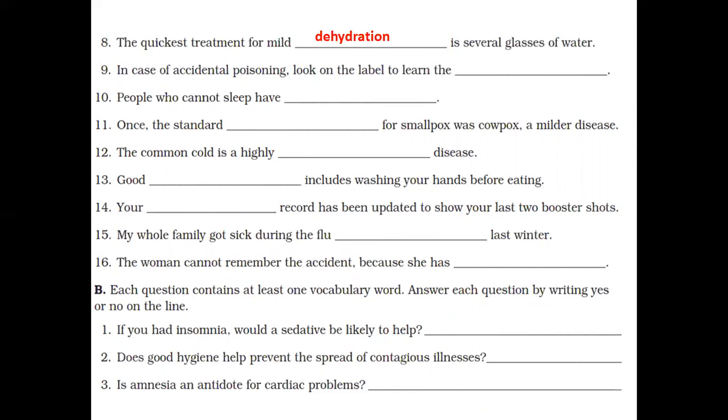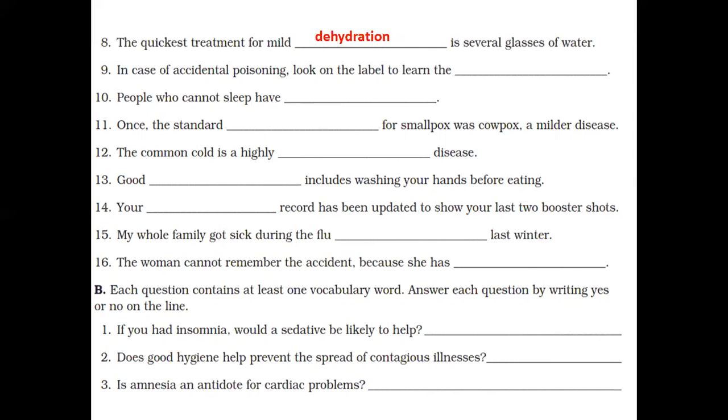In case of accidental poisoning, look on the label to learn the dash. So if someone has taken poison accidentally, what should we do? We should look at the label to learn the cure that will counteract the effects of poison.